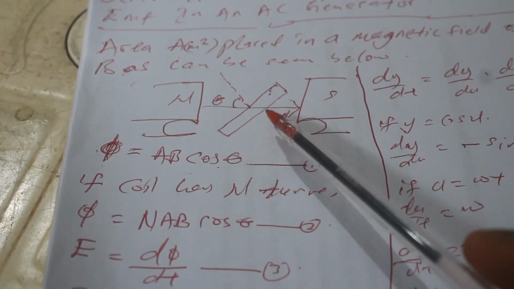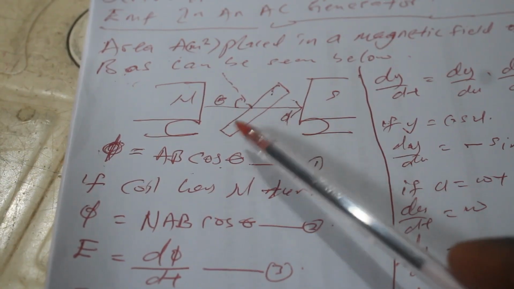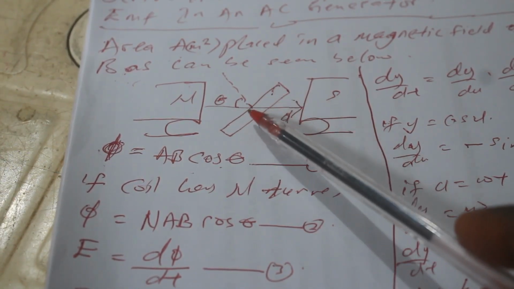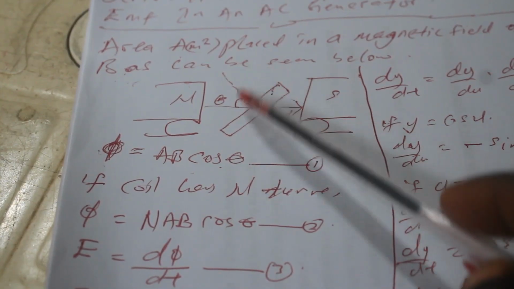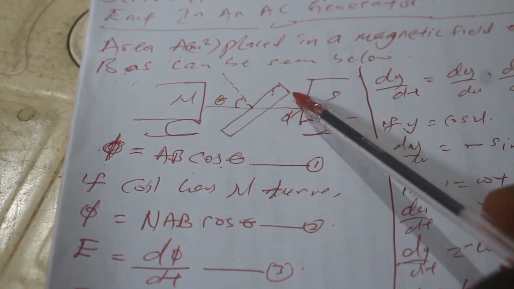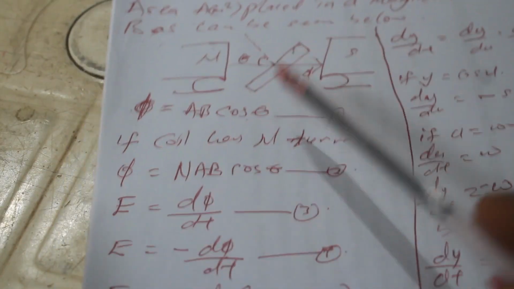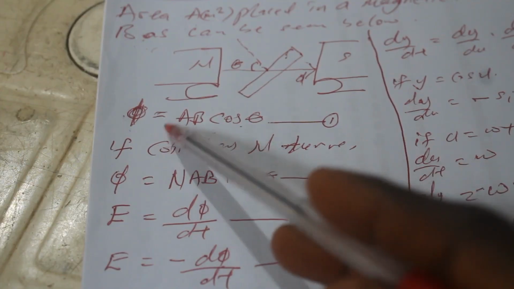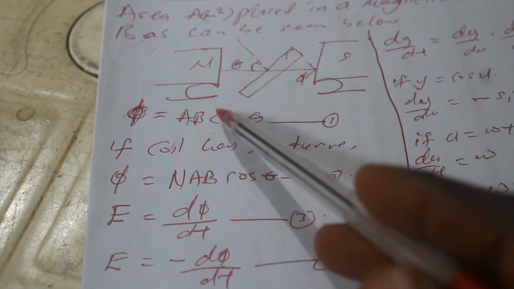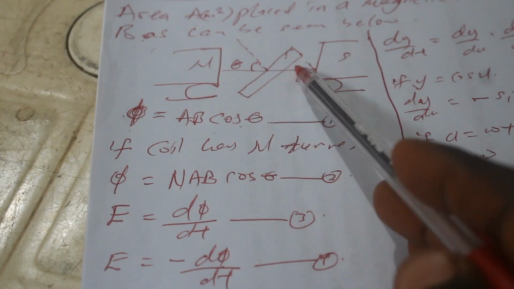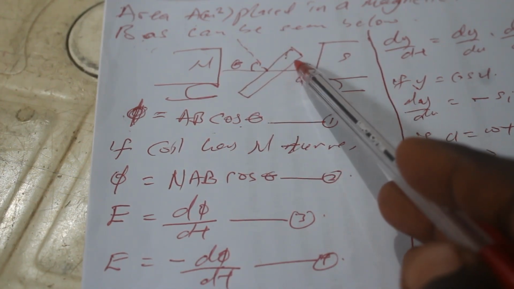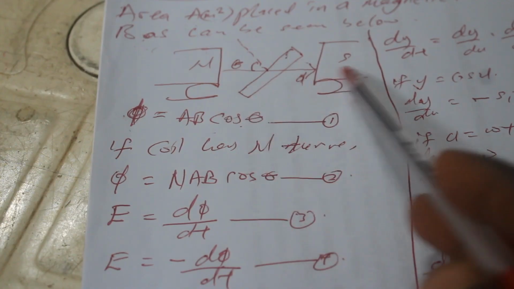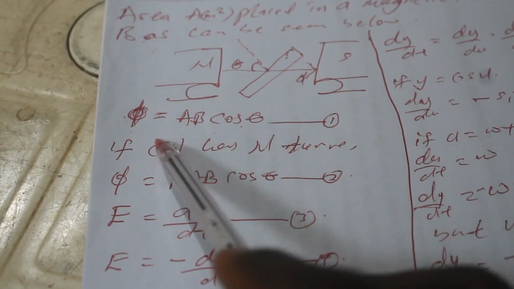Now, if this coil begins to rotate in such a way that the normal to the coil makes an angle theta with the magnetic field, the magnetic flux phi will be the dot product of the area of this rectangular coil and the magnetic field strength, so phi is equal to AB cos theta, and this is what it is.